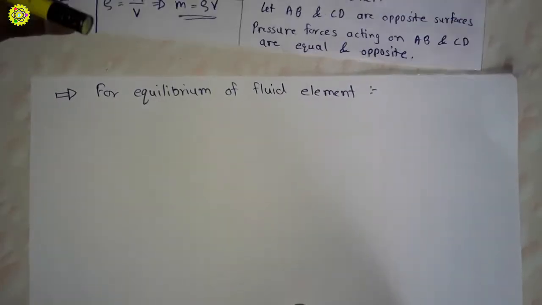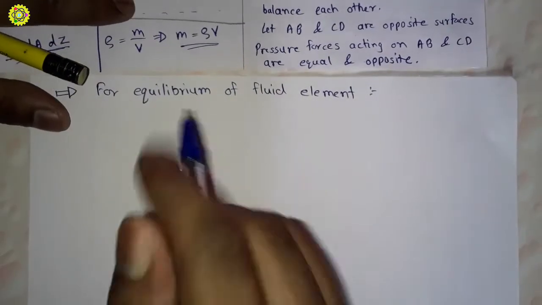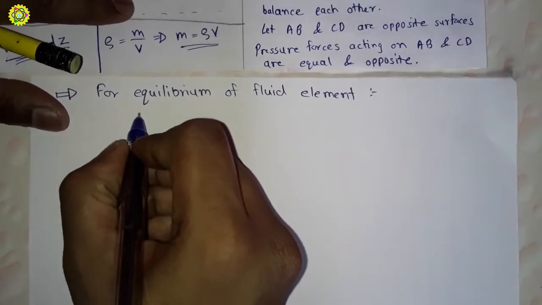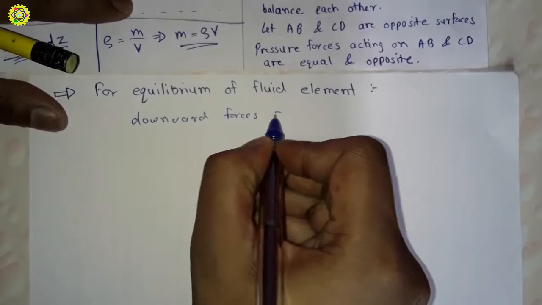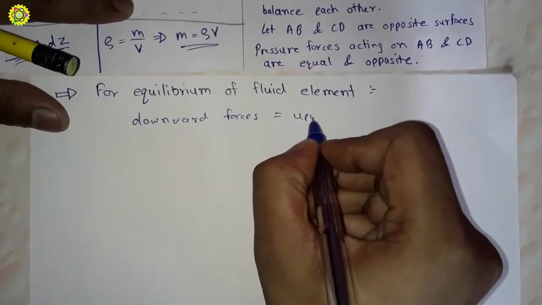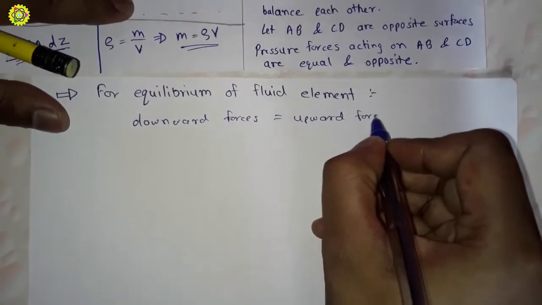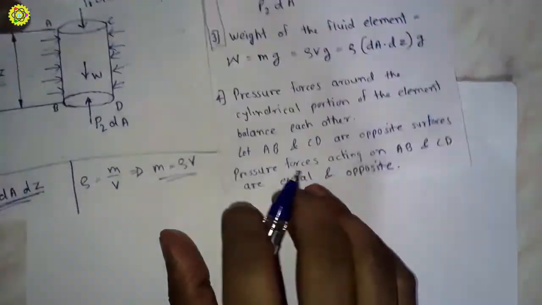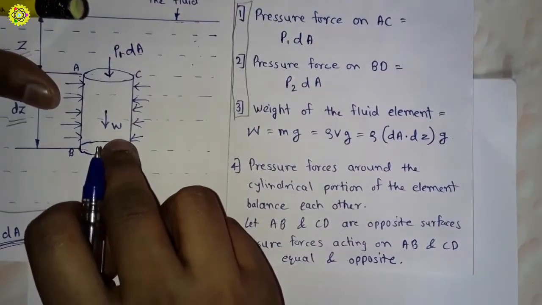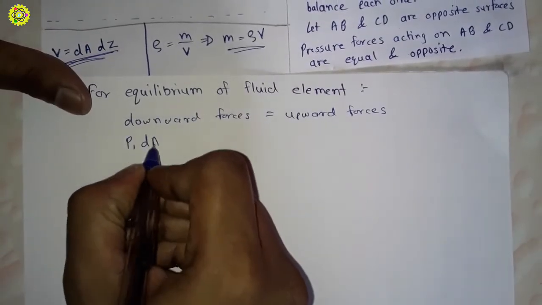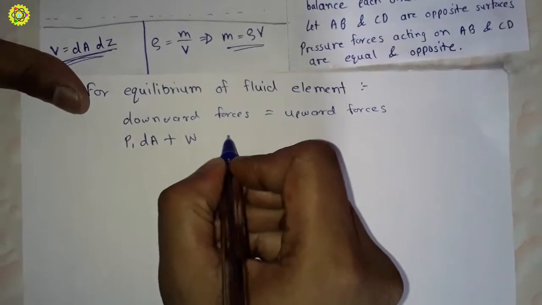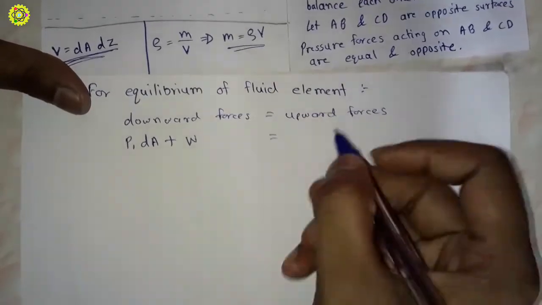So for equilibrium, downward forces are equal to upward forces. Downward forces are P1 dA and W. So P1 dA plus W is equal to the upward force, that is P2 dA.